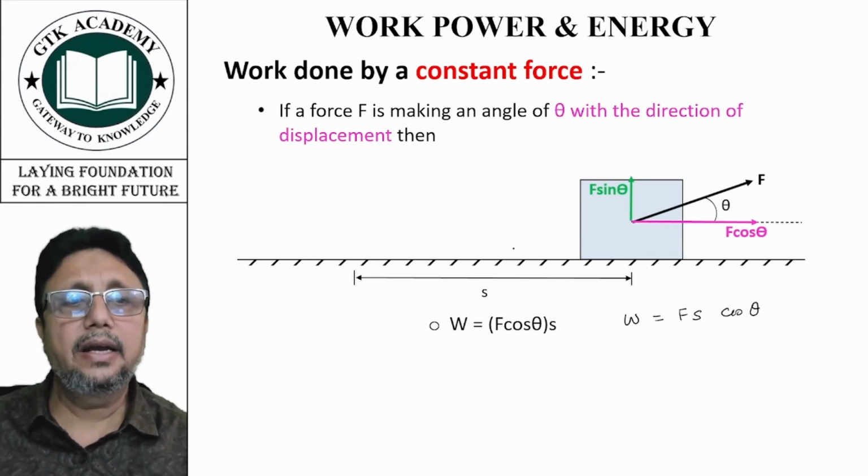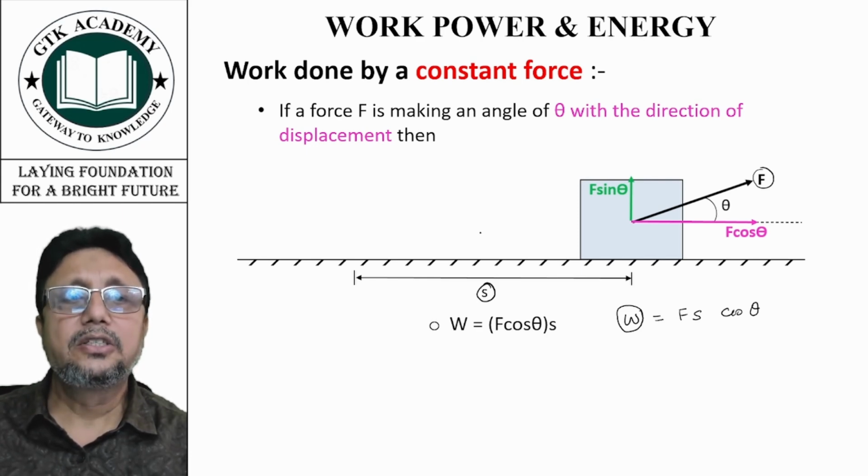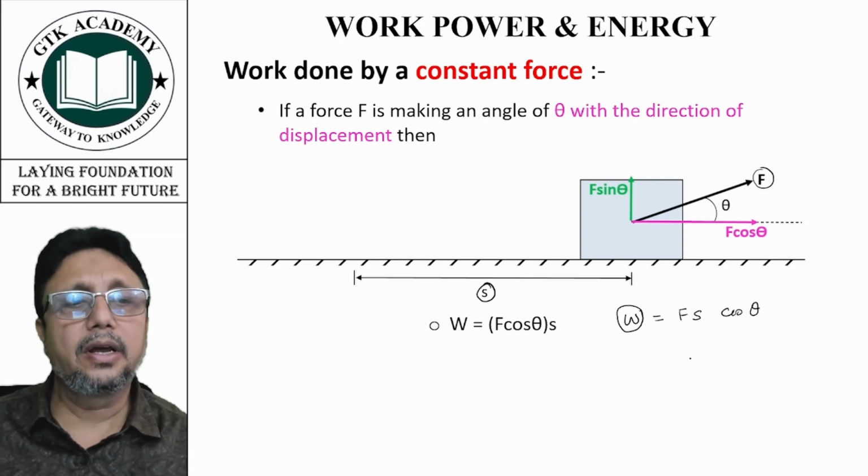Now you know that force is a vector quantity and displacement is also a vector quantity. So we are multiplying two vectors and we are getting a work which is a scalar. Now when we multiply two vectors and we get a scalar, then it is called scalar product or dot product.